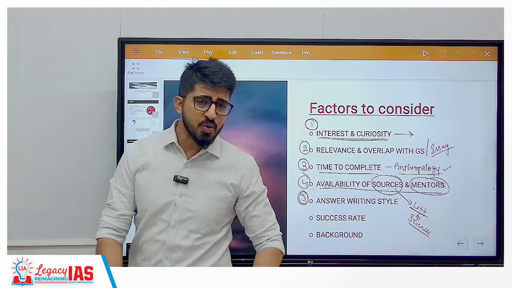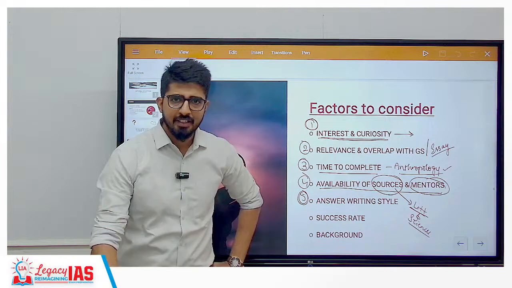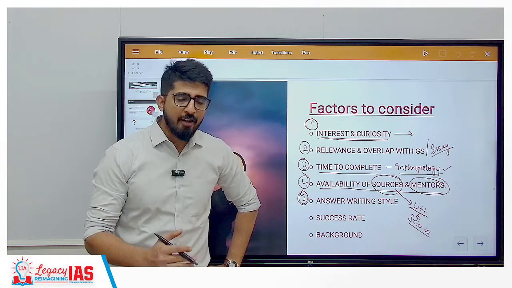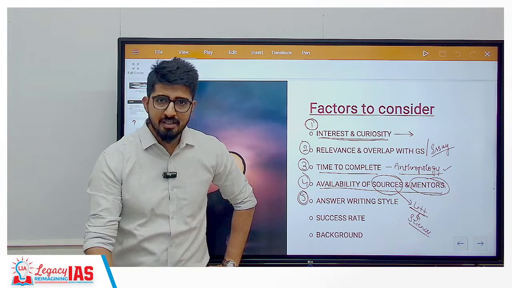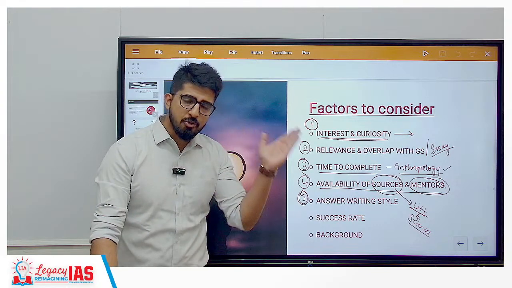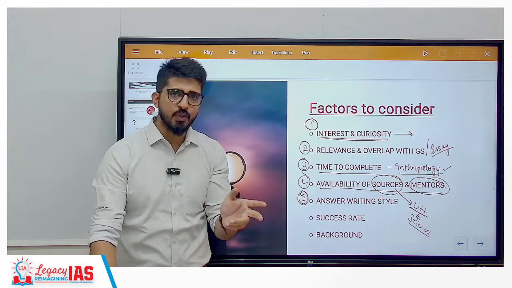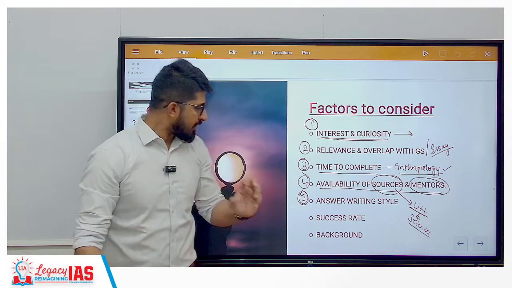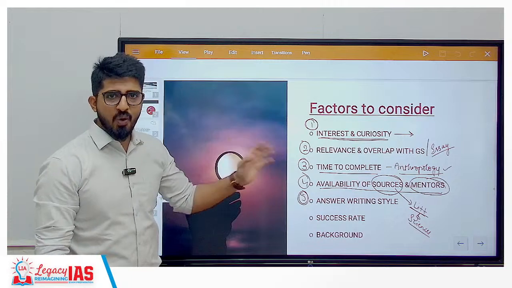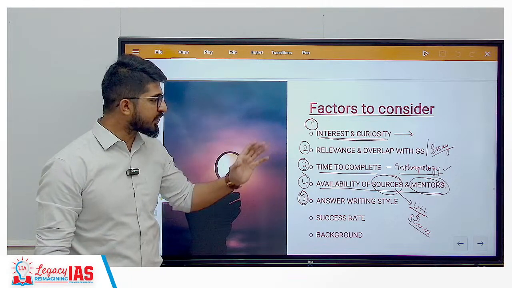Point-wise answers do not suit that particular subject. Yes? You have to be writing subjective answers. So the subjective bent of mind or the objective bent of mind also decides which optional you are supposed to take. We'll come to that scale as to where the subjects fall on that continuum.